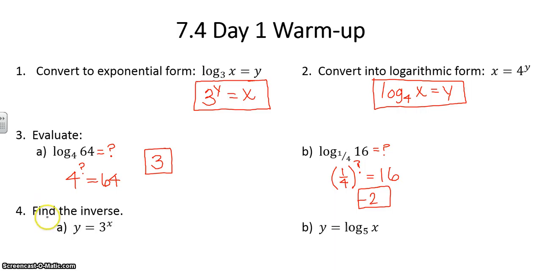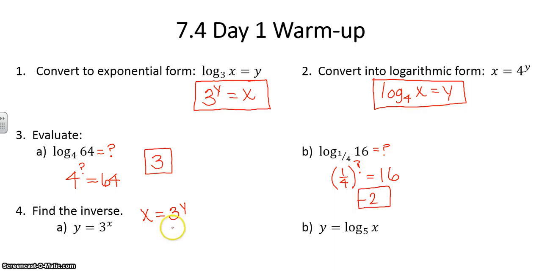Okay, find the inverse. So in chapter 6, the inverse was when you switch your x and y variables and then solve for y. Here, we're going to start off the same way, switch your x and y variables. So you should have x equals 3 to the y power. Now to solve for y, we need to do the inverse of the exponential form, which is the log form.